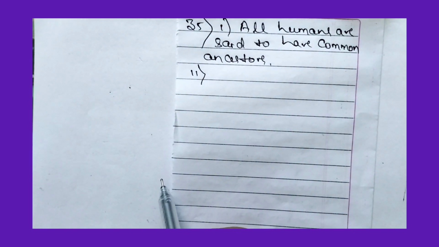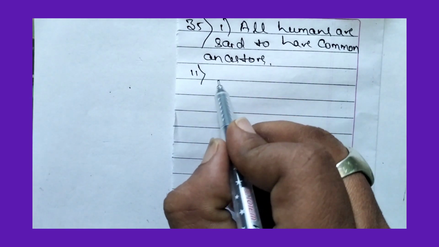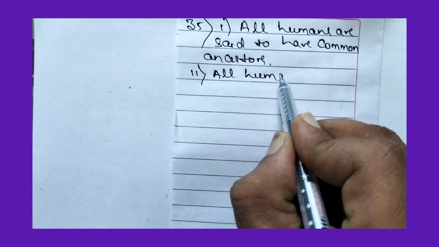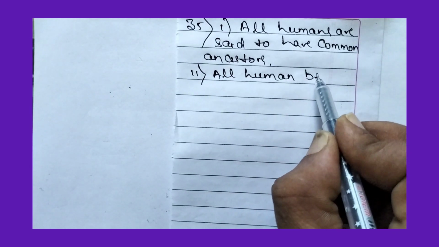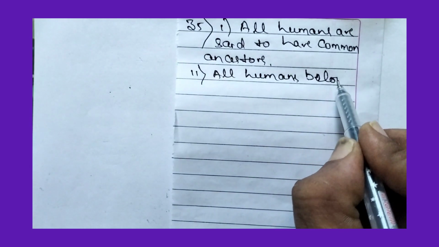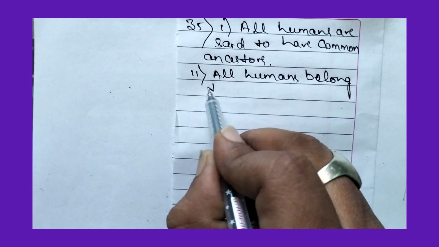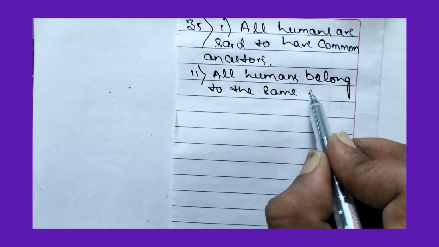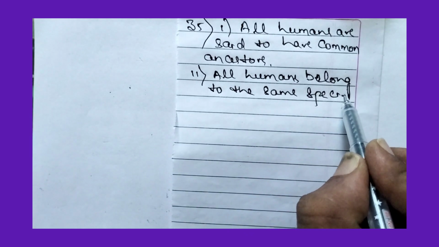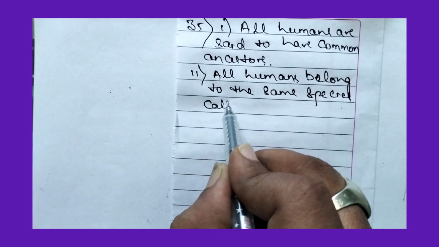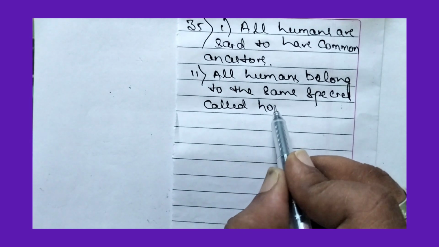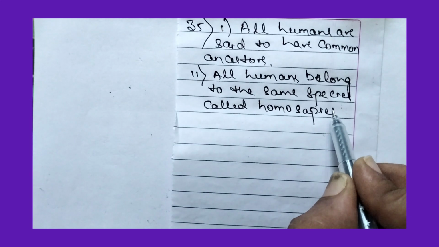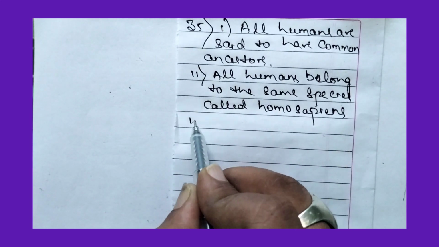And the second point is that all humans belong to the same species called Homo sapiens. The scientific name of human is Homo sapiens. This is the second point.